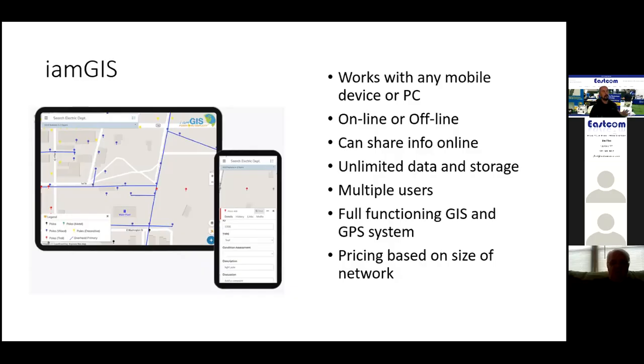So if you don't have a GIS system right now, this is probably the best solution for you. It's going to be cheap, easy to use. You can have multiple users on this network, so you can share information. So if I have Joe out here and Gary out there, if he records information and he records information, they can share it in real time.